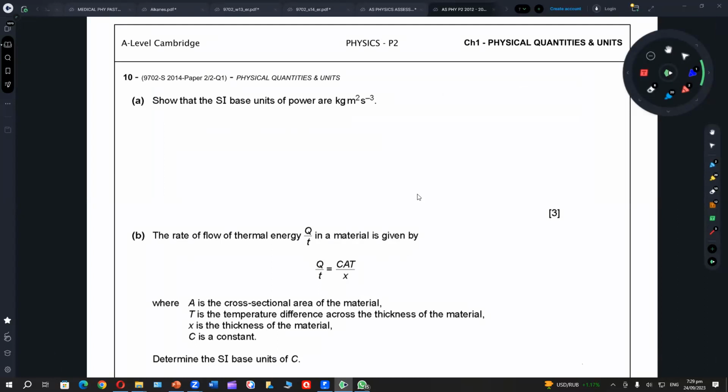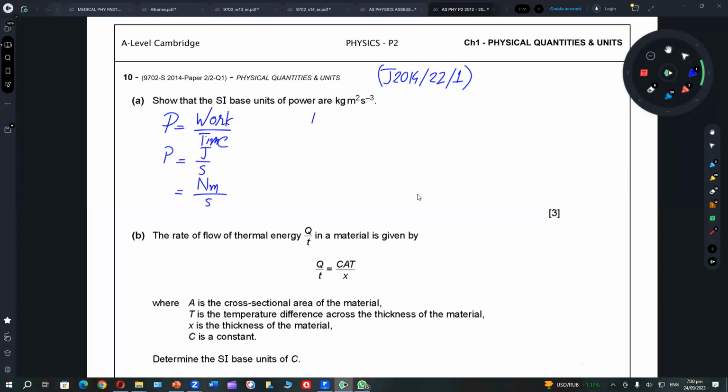Please note down the year, June 14. Show that the SI base units of power are this. Power is equal to work upon time. So power is equal to joule per second, Newton meter per second.